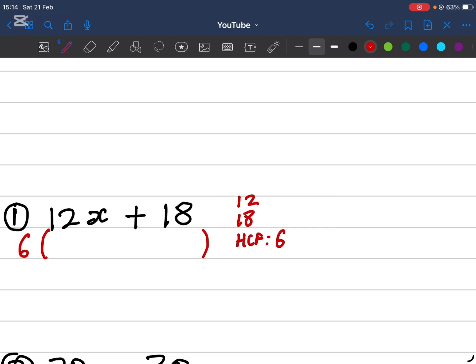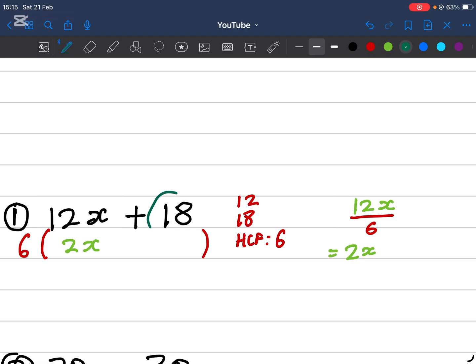This is how we're factorizing. Now I take the first term, which is 12x, and divide it by the highest common factor I took out. 12 divided by 6 will give you 2, and you'll have your x because there's nothing to divide it with. So you'll get 2x.